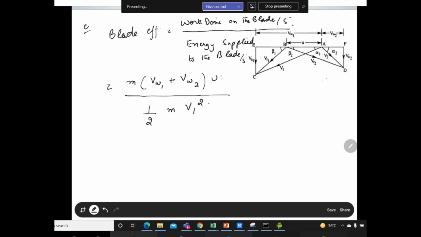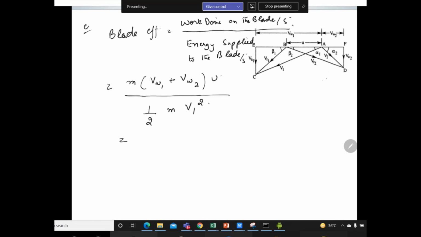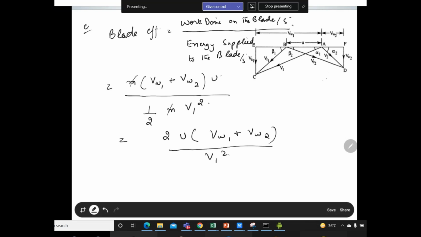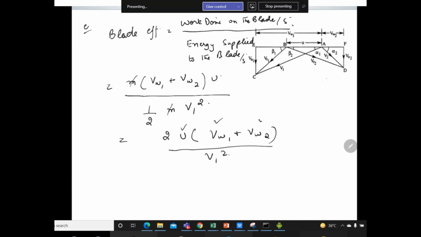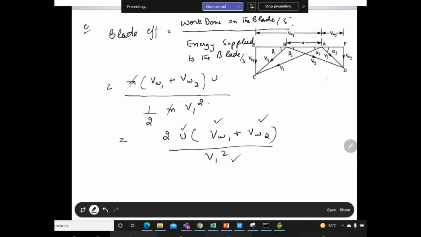We can simplify this equation by taking m out, and we get 2U(Vw1 plus Vw2) divided by V1 square. So if we have blade velocity, whirl velocity at inlet, whirl velocity at outlet, and V1 square, which is the velocity at the nozzle outlet, we can easily find out the blade efficiency.